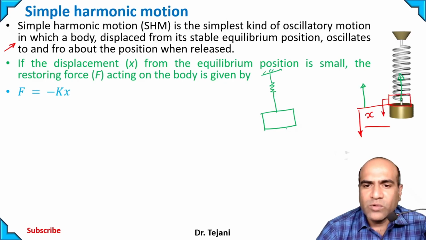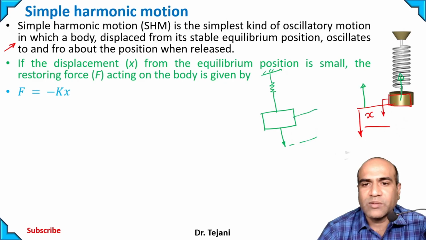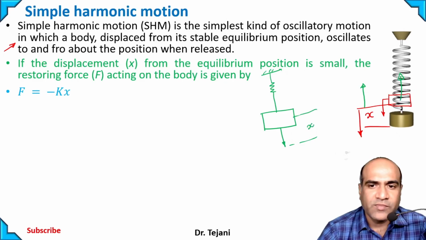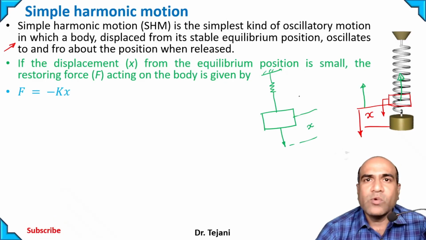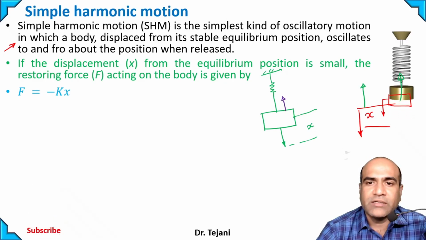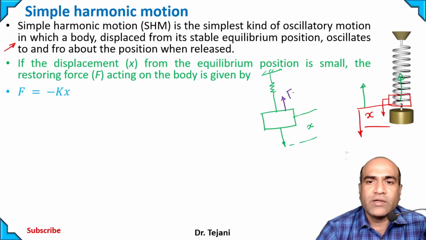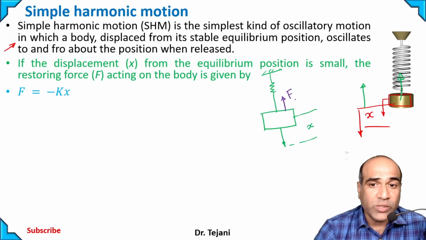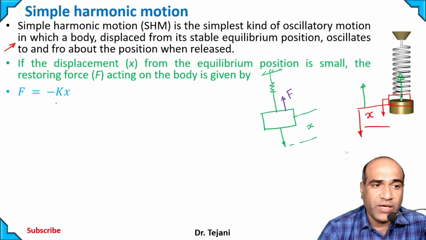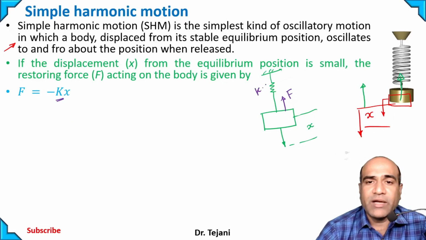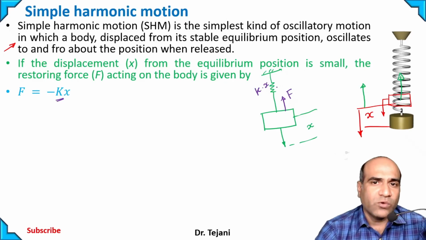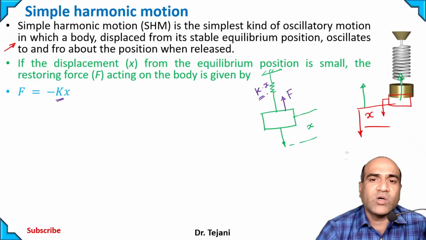When we pull this body in the downward direction by some distance x from the equilibrium position, it pulls the body in the upward direction with a spring force, or restoring force, which is equal to K multiplied by distance. K is a spring constant.